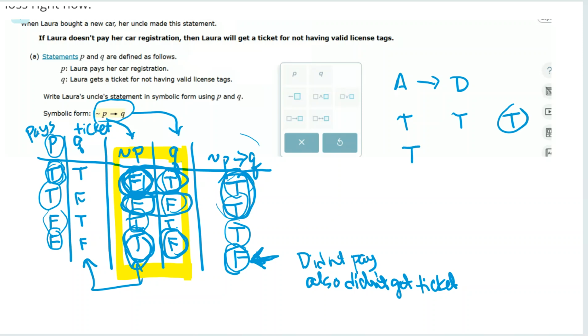If everybody gets an A on the quiz and I didn't bring donuts, then I'm a liar. I lied, so that's a false. But what if not everybody got an A on the quiz? Well, then you can't really say whether I told the truth with my original statement or not. I could have been telling the truth, I could have been a liar.